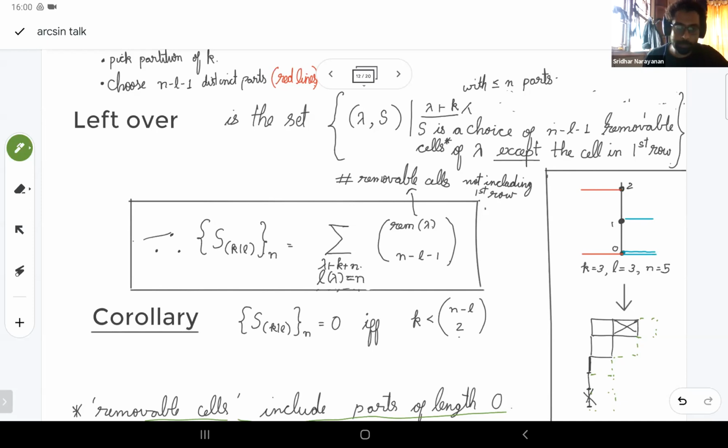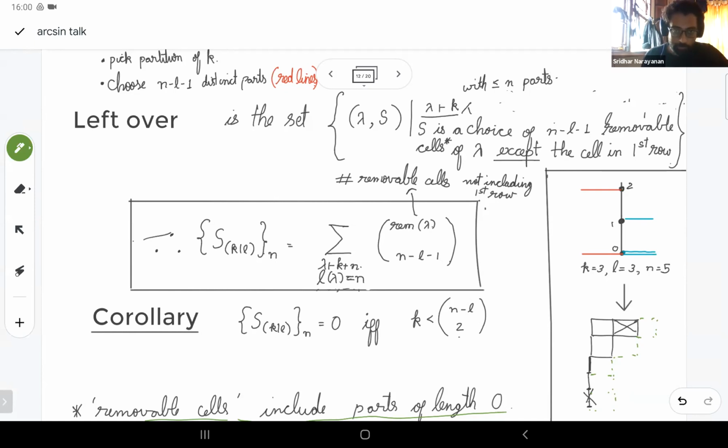Since we already know that one of the distinct parts is forced to be the first one, we don't include the first row in this count of removable cells. So we look at all removable cells that do not lie in the first row, and we choose n minus L minus 1 of them. If you sum over this range, that is a combinatorial interpretation for the sign moment.